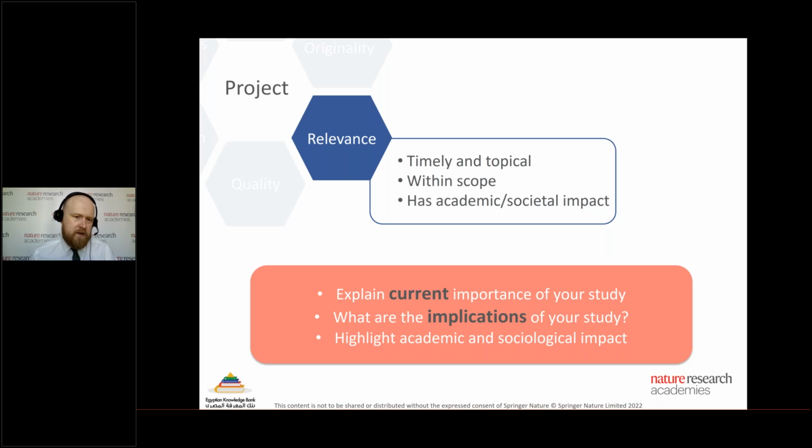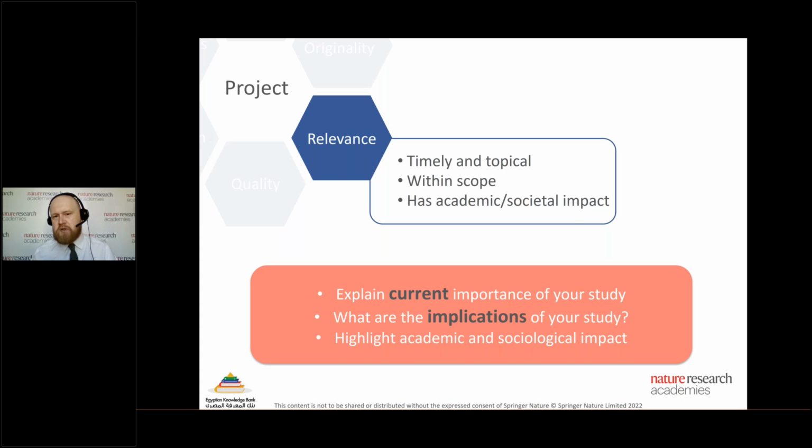Also, when establishing relevance, do be sure that the proposal that you're submitting is actually within the scope of the funder. Some funders will only be looking for certain topics to fund. So do be sure that your project is within scope.